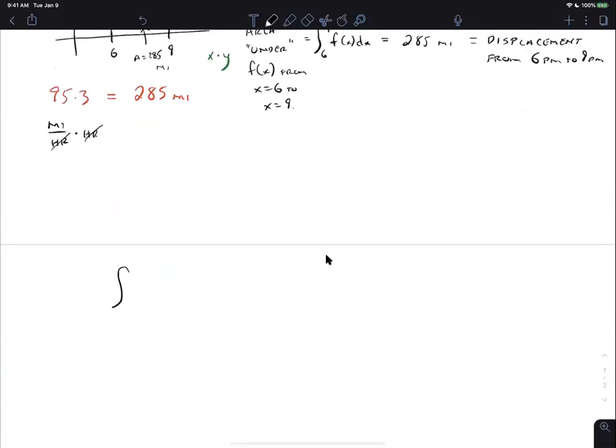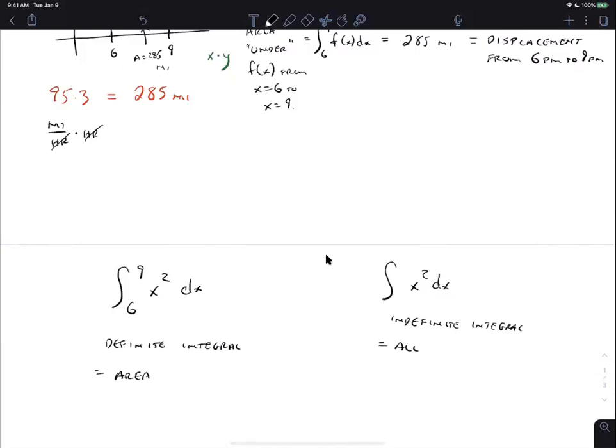If I said the integral from 6 to 9 of x squared dx versus the integral of x squared dx, this is the definite integral, and it's the area under there. This is the indefinite integral, which is all antiderivatives of x squared.